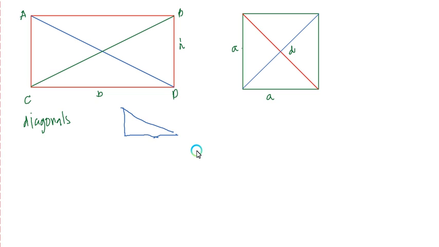So if the diagonal and the length of the base are given, we can get the height, or any of them. Whichever is given, say the diagonal and base, you can find the height.